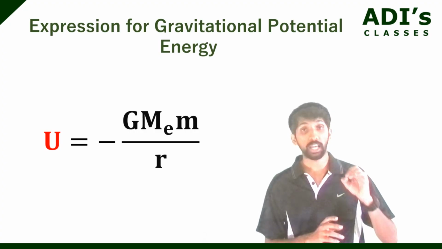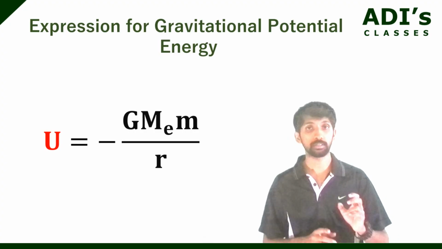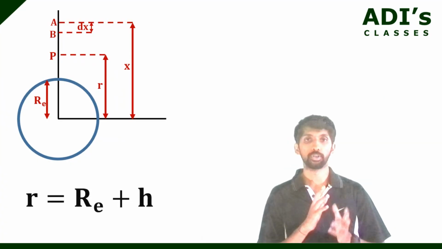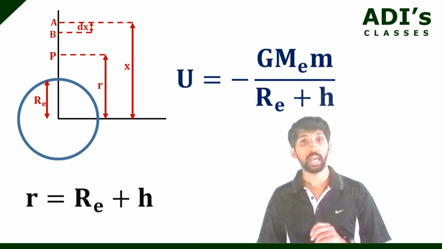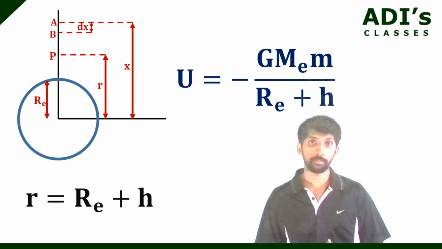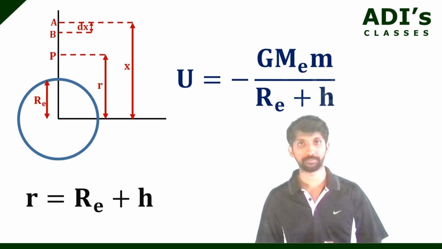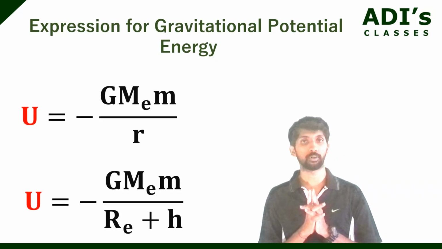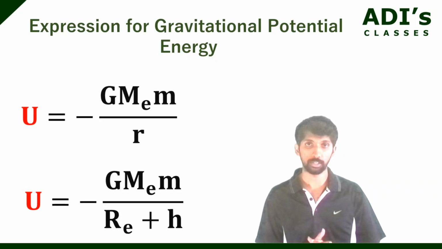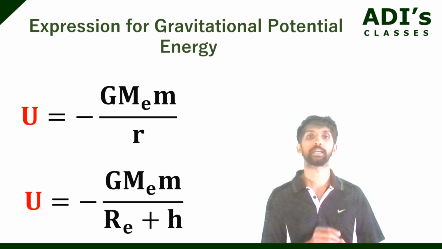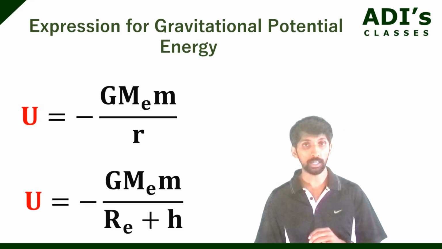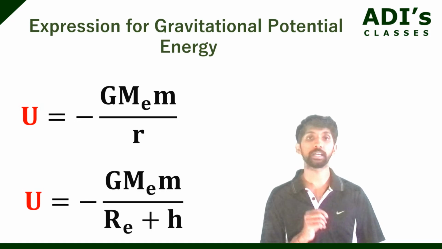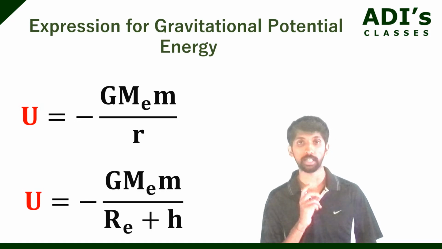If the height is comparable to the radius of Earth, then we have another formula: U equals minus G Me m divided by (Re plus h). So remember, these are the two formulas for gravitational potential energy. One is U equals minus G Me m by r. The next one is U equals minus G Me m divided by (Re plus h).